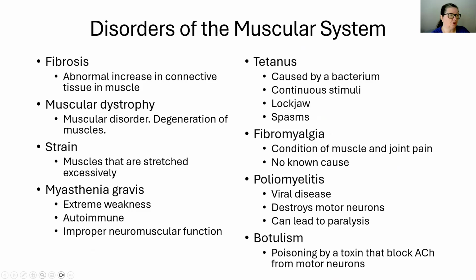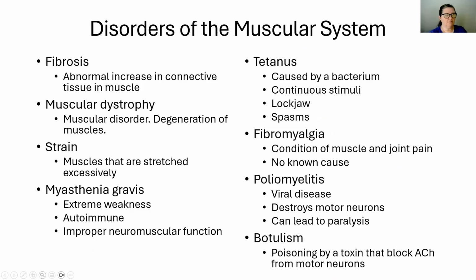Strain is when the muscles are stretched excessively. Myasthenia gravis is a disorder that causes extreme muscle weakness. It is an autoimmune disorder, meaning that the body is actually attacking itself, and it can lead to improper neuromuscular function.